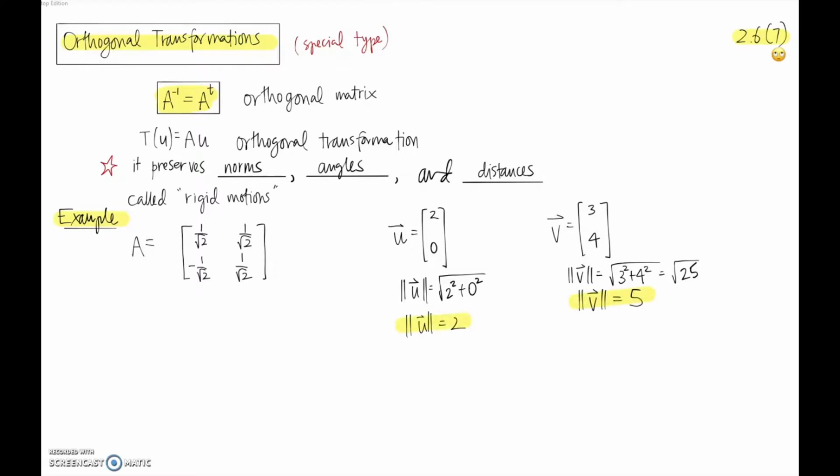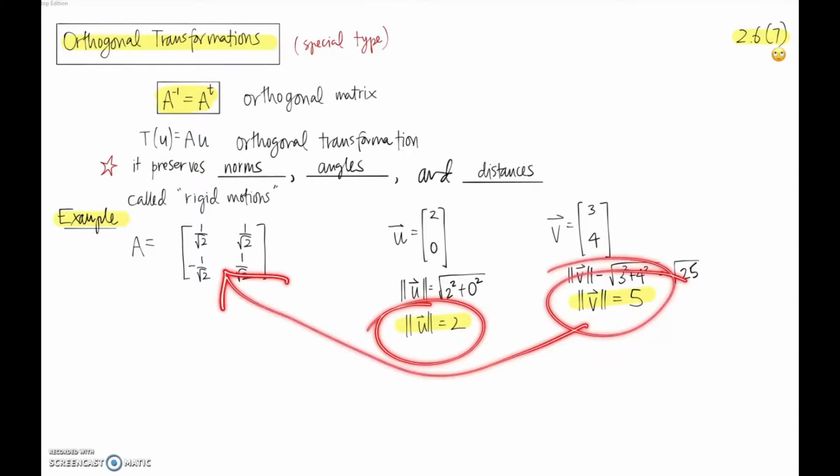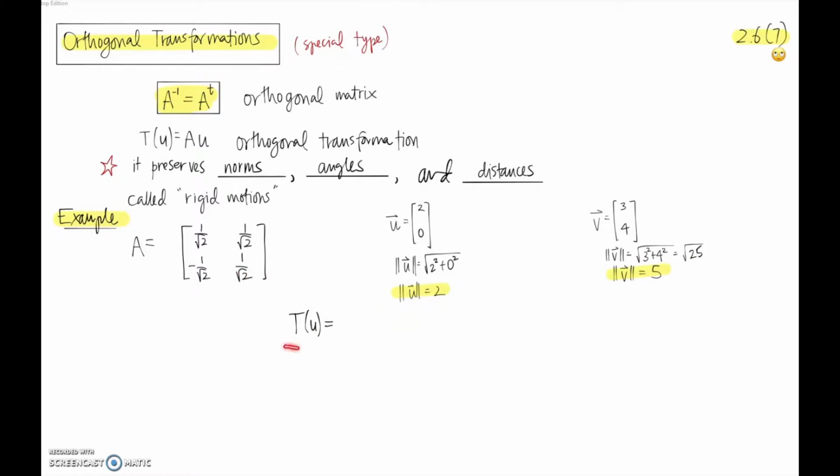Let's take both of these vectors through this transformation and see if the resulting vectors have the same norms. We'll start with u. So u is our input into this transformation, and we'll take the matrix A and multiply it by the vector u.